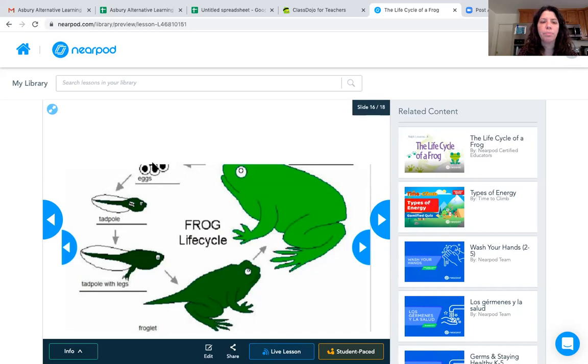And then it's going to move down to become a tadpole. As a tadpole, you can see that it has no legs and there is a tail. At this time, they are still breathing through their gills and living in water. Eventually, legs will form. So we now have a tadpole with legs. And then we're going to jump to the froglet and eventually a full grown frog.